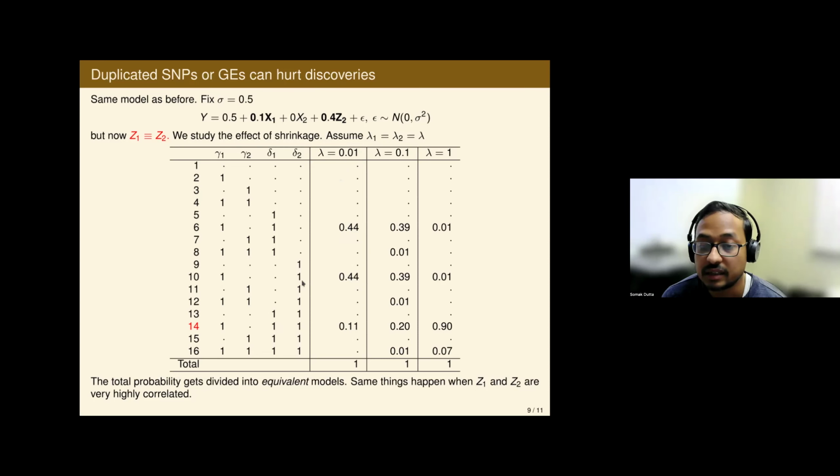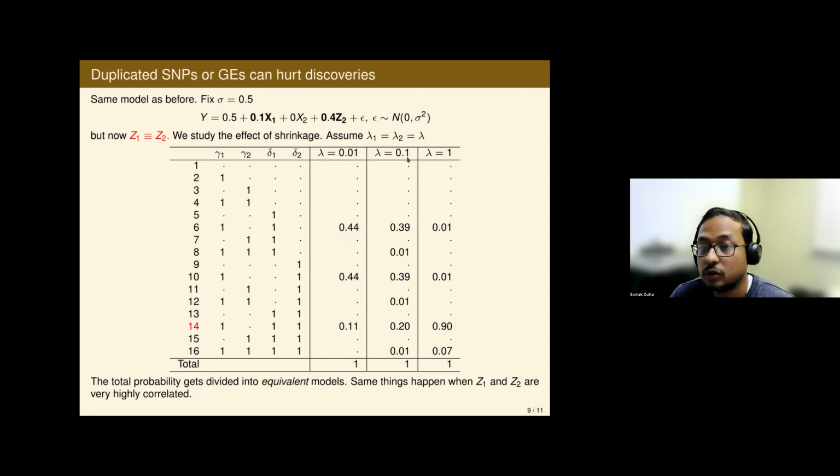But the other case is either gene number 2 is important, or gene number 1 is important, okay? Because Z1 and Z2 are identical, when lambda is small, it puts equal mass. It cannot decide which model to pick, okay? It puts almost equal mass on those two models.